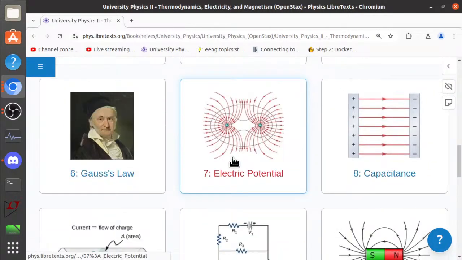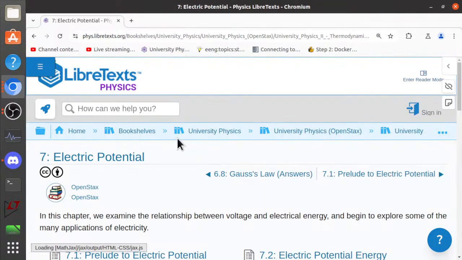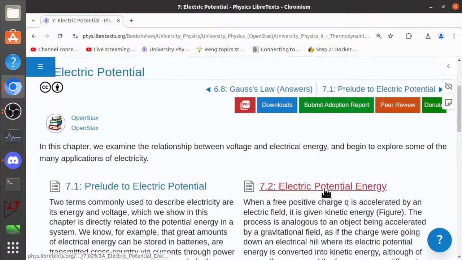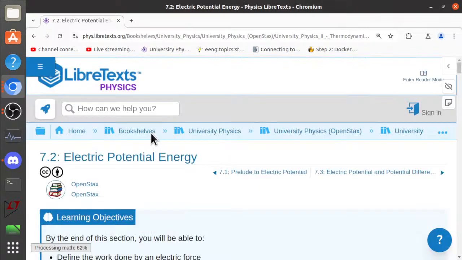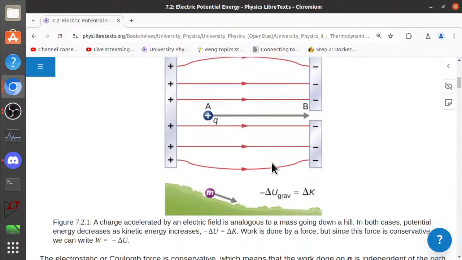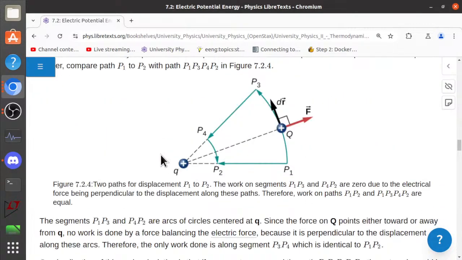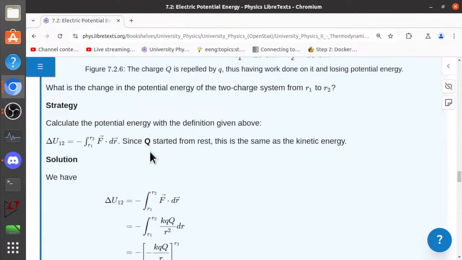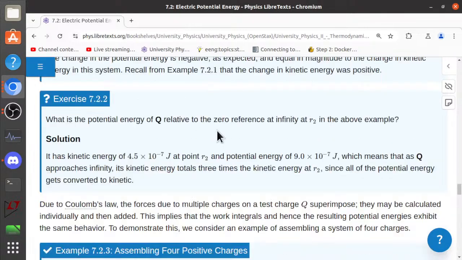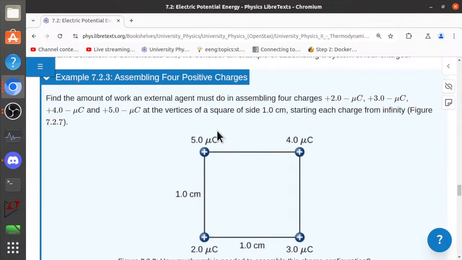Okay, that was example 7. Potential energy. So it was this example where you have 4 charges and you are adding these charges, so you're bringing them closely together. It was this example here, right?